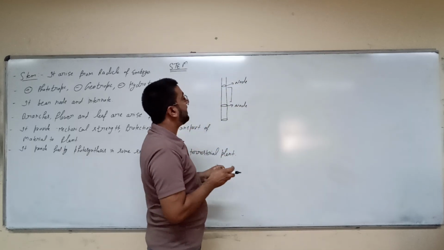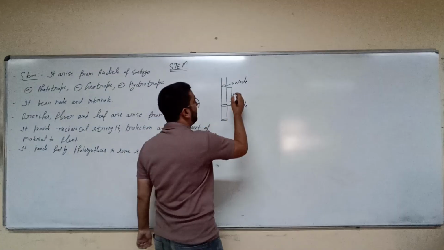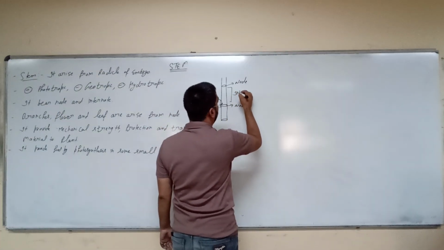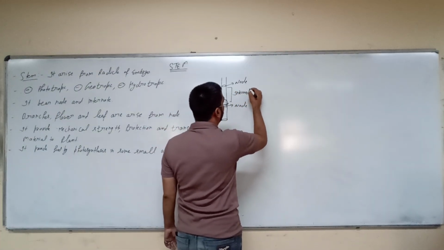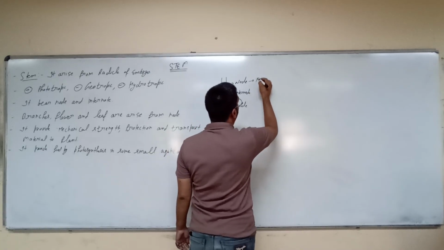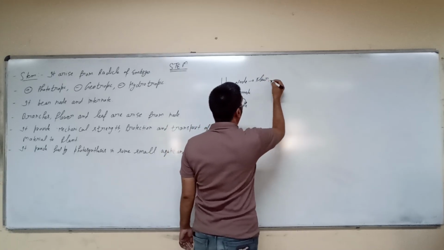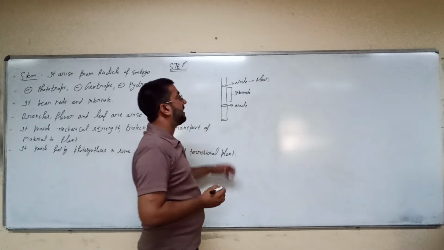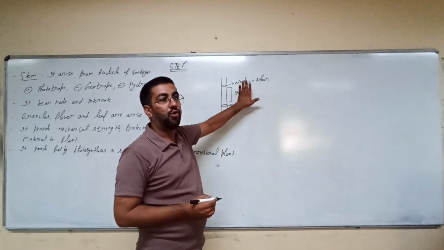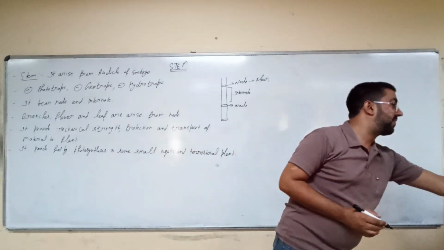The space between two nodes is known as internode. The flower, leaf and branches arise from the node.